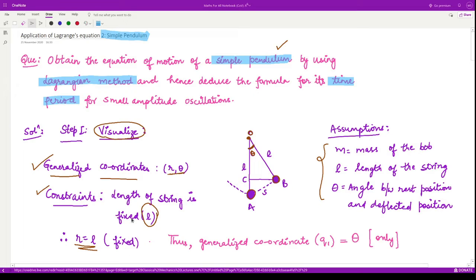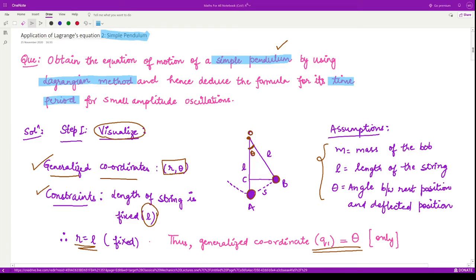Therefore the constraint reduces our two generalized coordinates to one generalized coordinate, that is theta. So we have specified that the generalized coordinate depends only on theta.